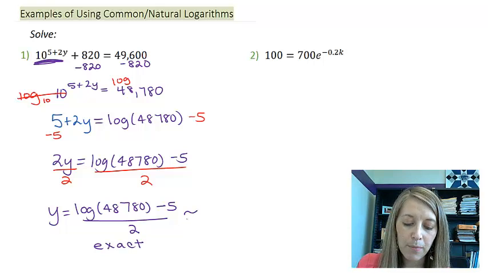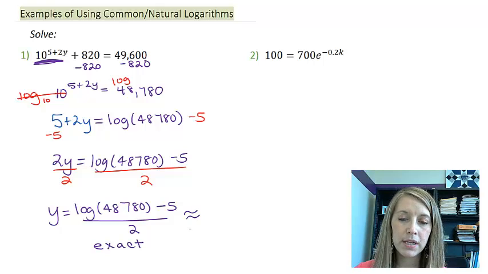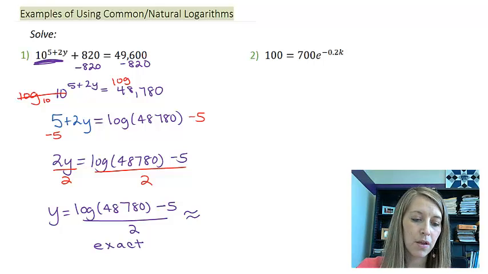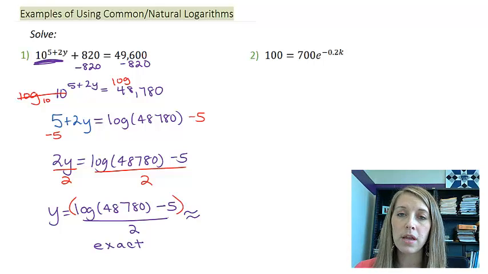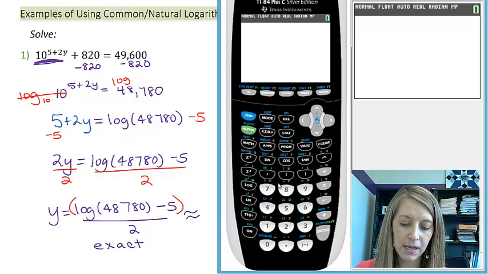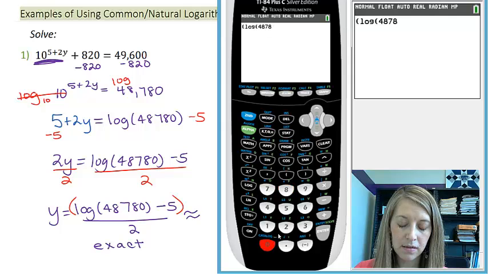If it wants an approximate answer, then all we need to do is type that in the calculator. When you're typing it in the calculator, don't forget to put the whole numerator in its own parentheses, so it takes the whole numerator divided by the denominator. So to type this in my calculator, I have log 48,780 minus 5, and then divided by 2.